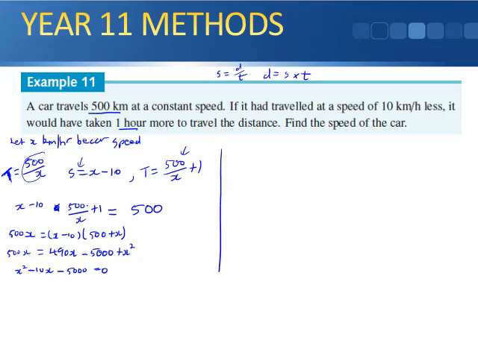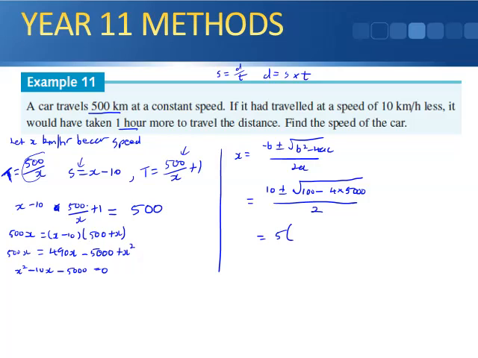Now I've got to solve this. I'll use the quadratic rule: negative b plus or minus the square root of b squared minus 4ac, all over 2a. So negative b, I've got negative 10, that becomes positive 10, plus or minus the square root of 100 minus 4 times 1 times negative 5,000, all divided by 2, which will give me 5 times 1 plus or minus the square root of 201.